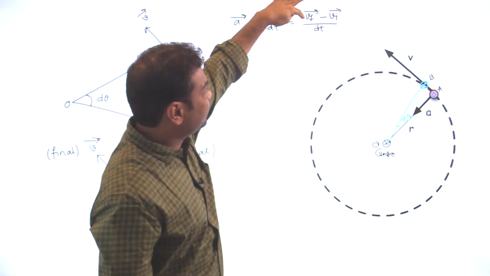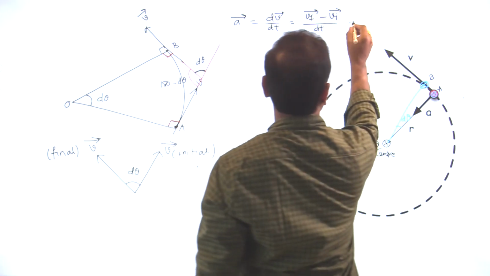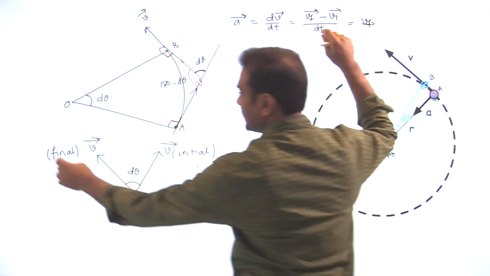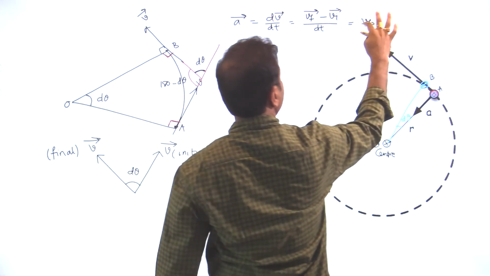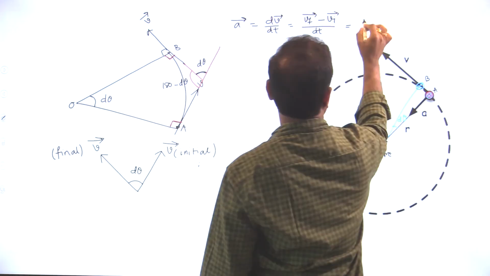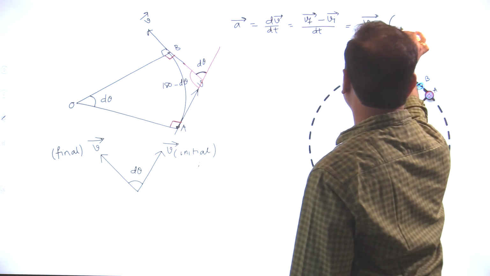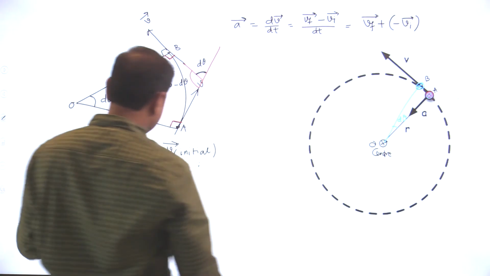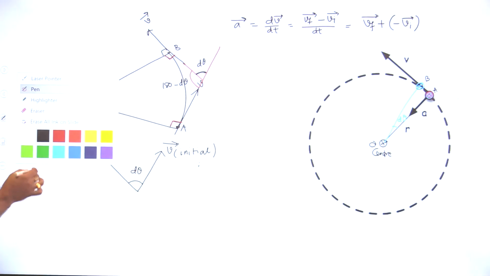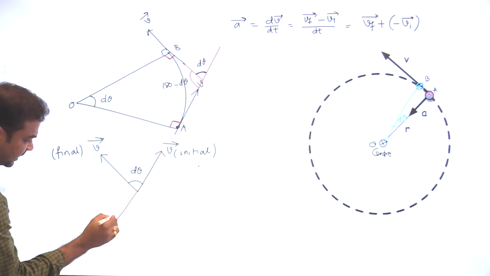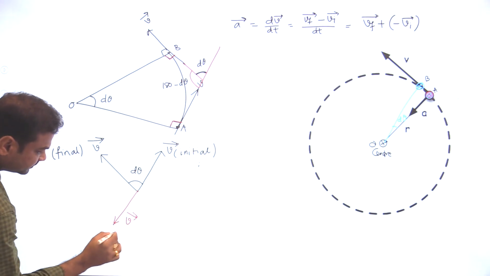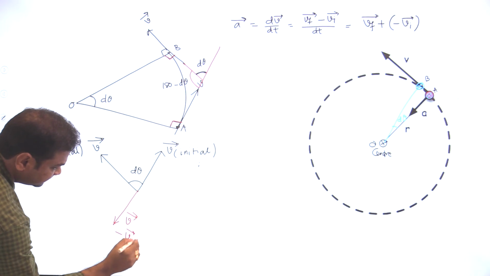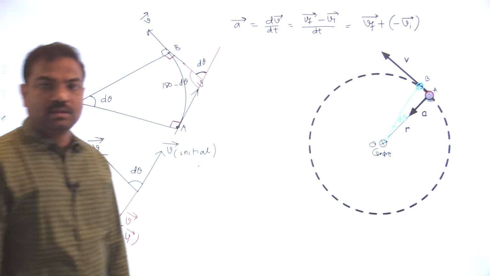The direction of acceleration is the resultant of v final and minus of v initial. So this is the initial velocity vector. What is minus of v initial? Minus of v initial will be something like this. This is the v bar. So you can say this is minus vi bar.